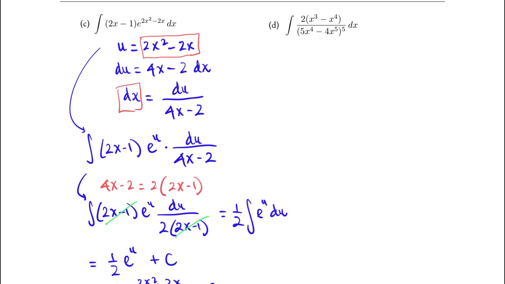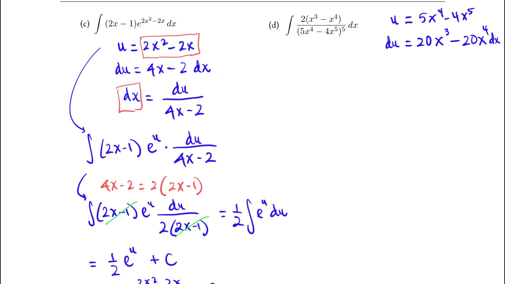For the second part, we will let u be whatever expression is being raised to a power. So in this case, u equals 5x to the fourth minus 4x to the fifth, only the expression inside the fifth power. Du is therefore 20x cubed, using the power rule for differentiation here, minus 4 times 5, 20x to the fourth, and then dx.